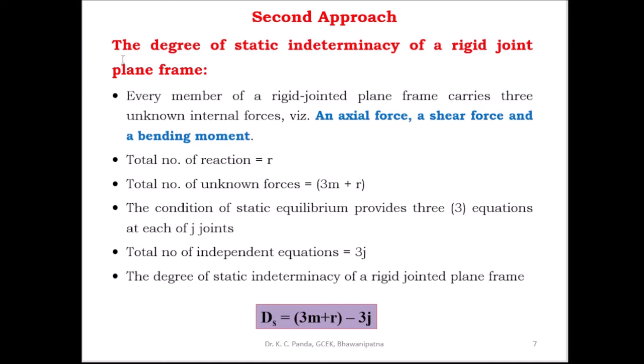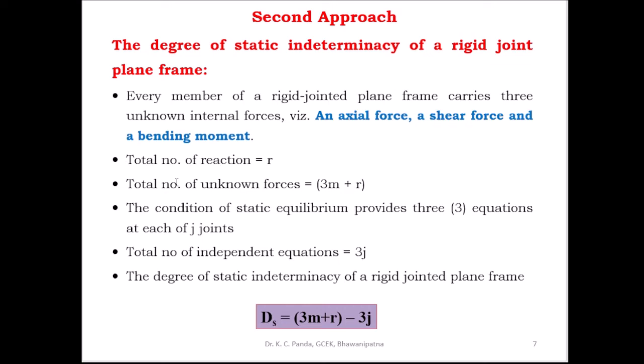first we'll discuss how to determine the degree of static indeterminacy of a rigid jointed plane frame. Here you see, in a rigid jointed plane frame every member carries 3 unknown internal forces, that is axial force, shear force and bending moment.